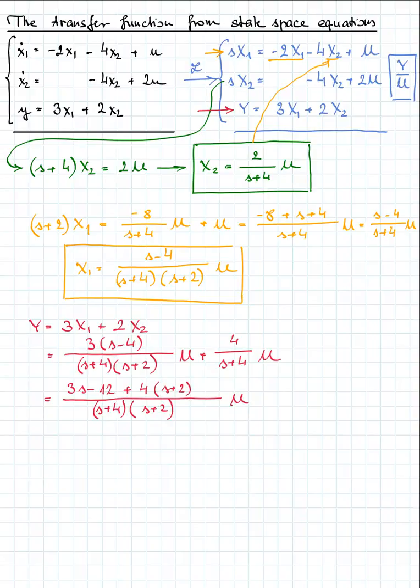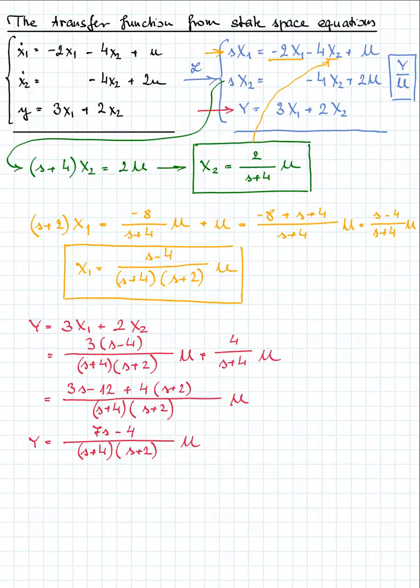This will be U. Okay, let's go. (s plus 4)(s plus 2). So 3s and 4s is 7s, and minus 12 and 4 times 2 is 8, so it will be minus 4. And finally U. So this is Y.